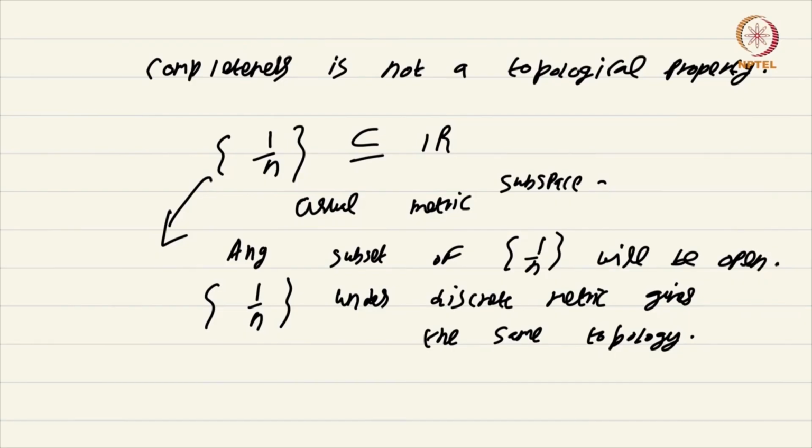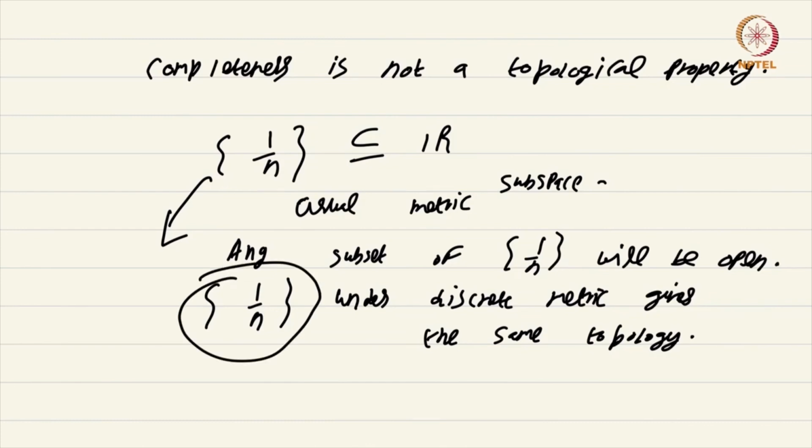But in an earlier exercise, you would have realized that any set with the discrete metric is actually complete. If you have not explored that, please do so now. It's important. Any metric space that is coming from the discrete metric is automatically complete. So when you put the discrete metric on 1 by n, it's going to be complete.